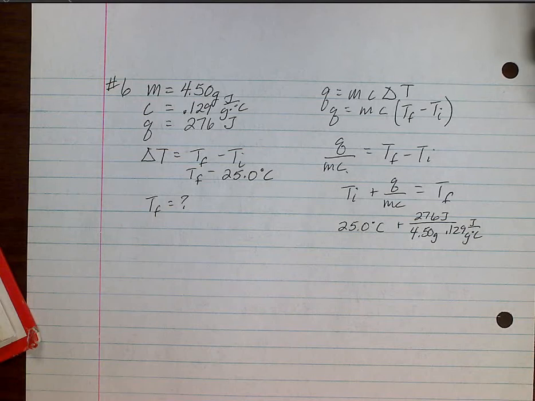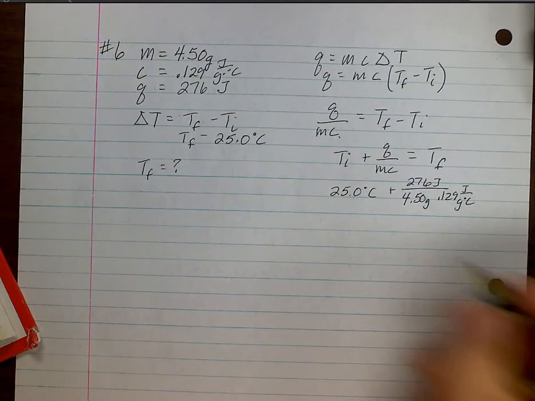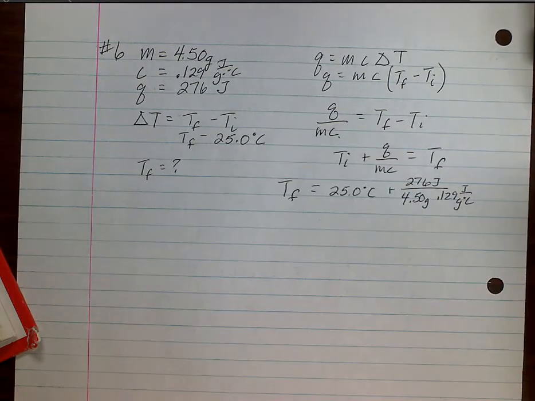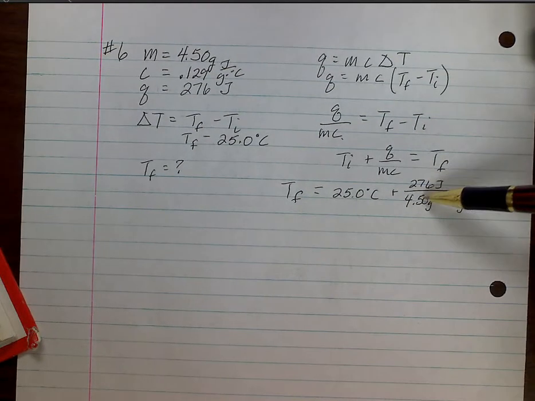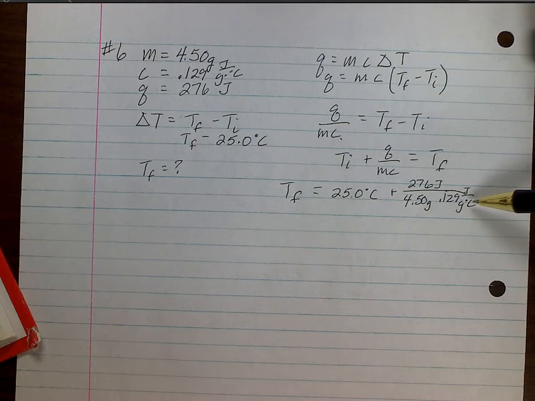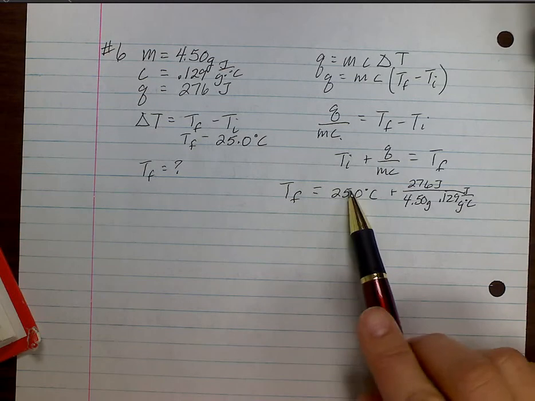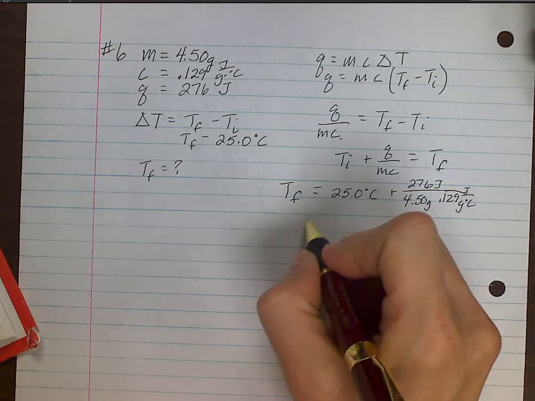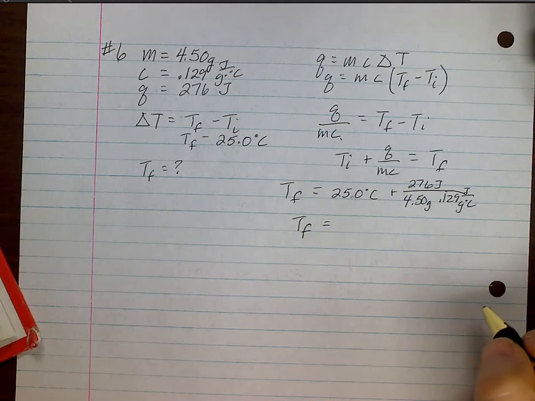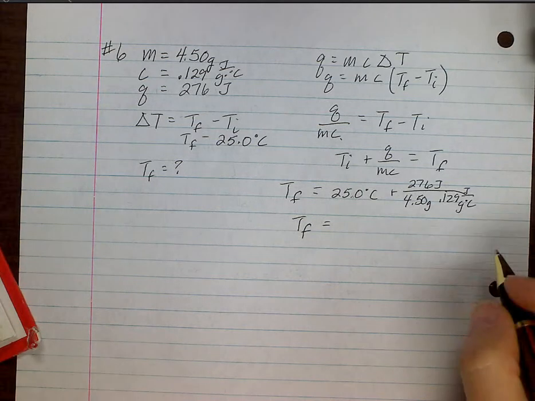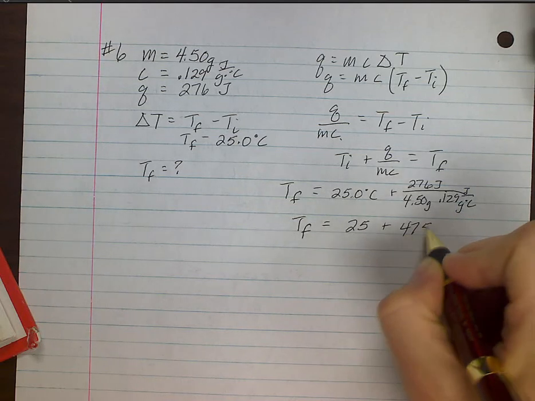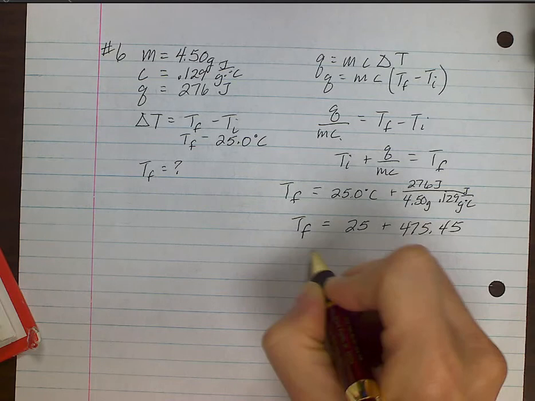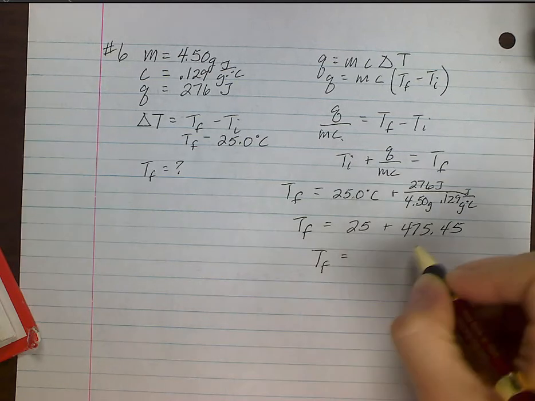So when I do this, take 276 divided by 4.50 times 1.29, and then when you get that divided, add 25, and what we end up with is 25 plus 475.45. So our final temperature is 500.45 degrees Celsius. Now let's look at our sig figs.